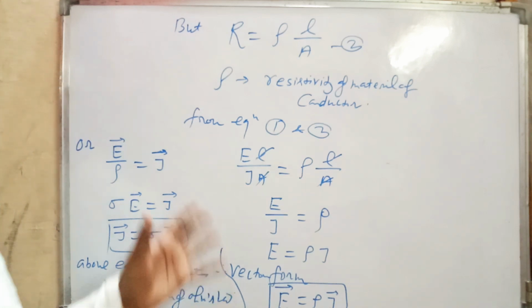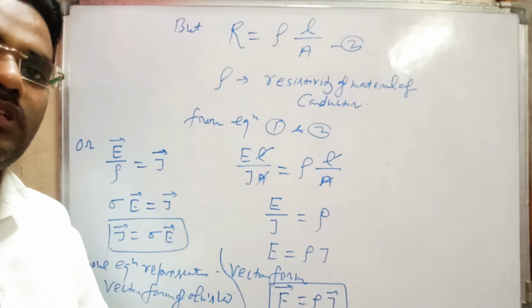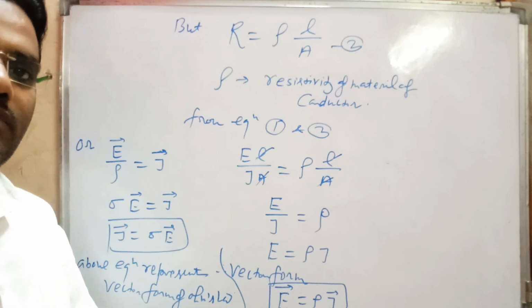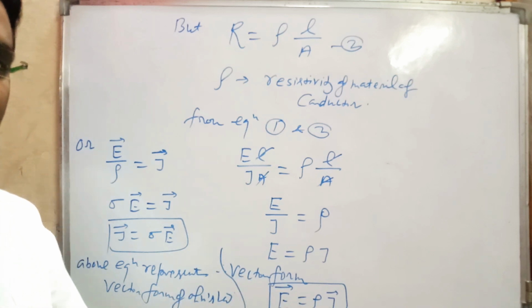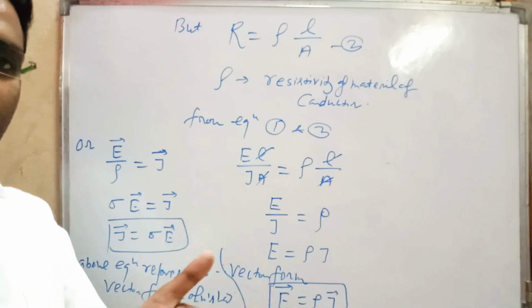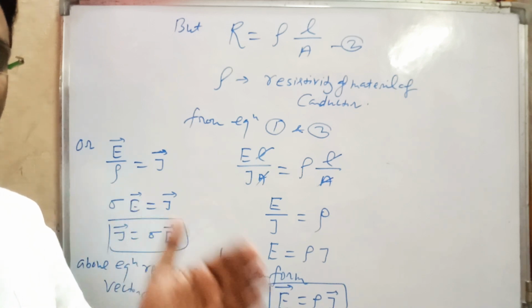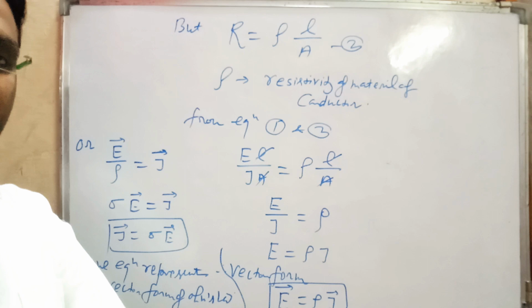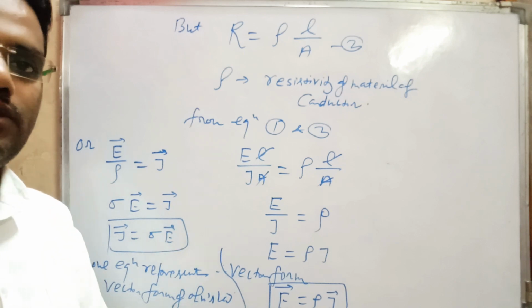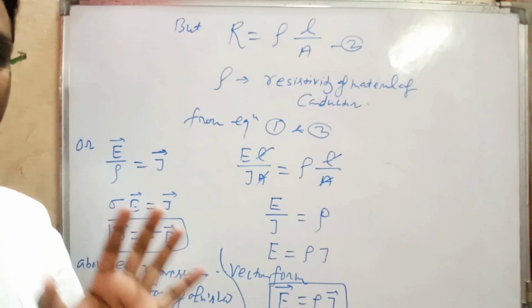To derive the vector form of Ohm's law, first we take the vector form of potential, that means potential is converted into electric field, and electric current is converted into current density, because electric field intensity and current density both are vector quantities.